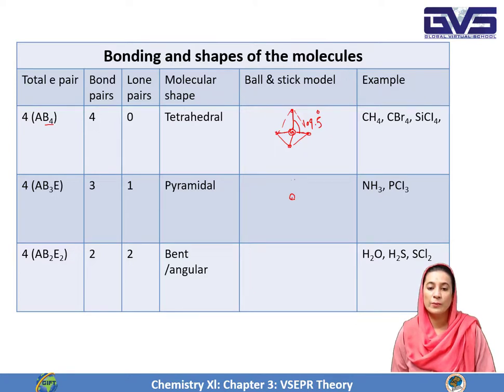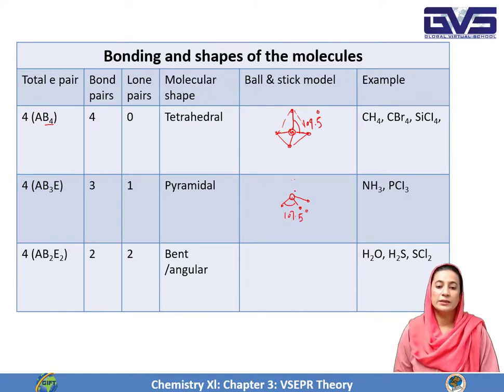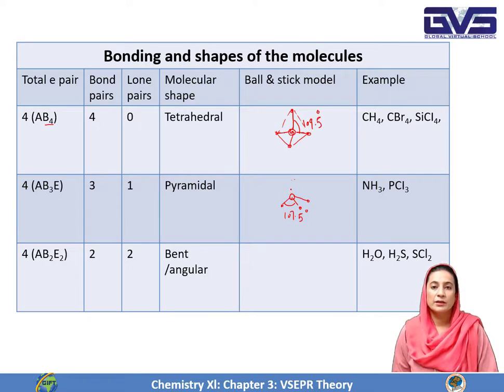Due to lone pair repulsion, the bond angle reduces to 107.5 or 107. This is pyramidal. These angles are reduced a little due to this lone pair repulsion. In the previous case there was no lone pair, but here there is a lone pair. So due to lone pair bond pair repulsion, these angles further reduce to 107.5.